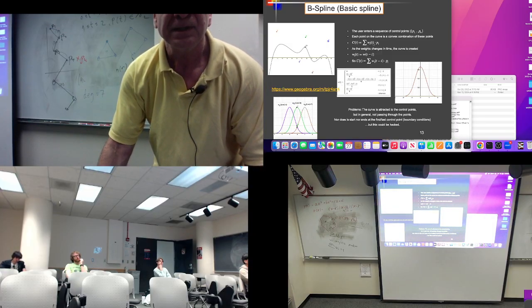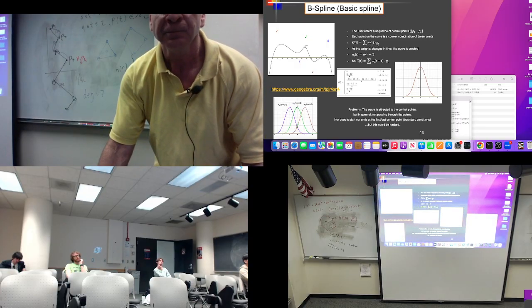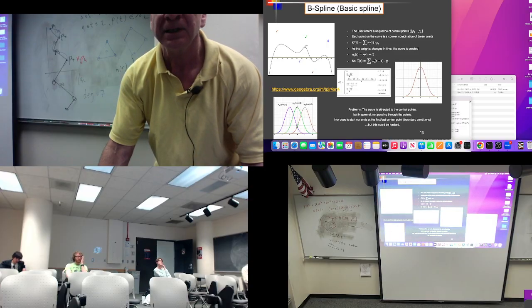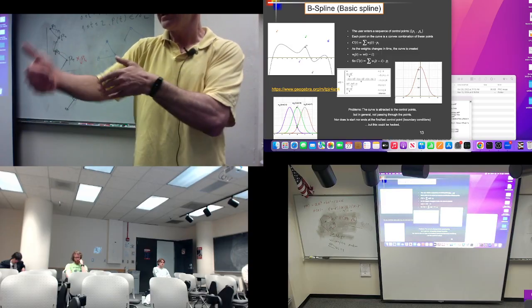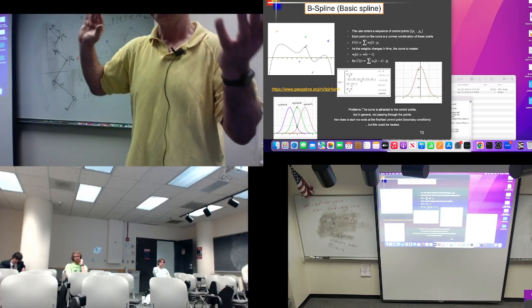So in general, I'll give every point Pi some weight Wi, and what is this weight? Wi of t is roughly t minus i. Wi of t is this function w of t, except for the i, which shifts the time by 1 unit backward, 2 units backward, 3 units backward.